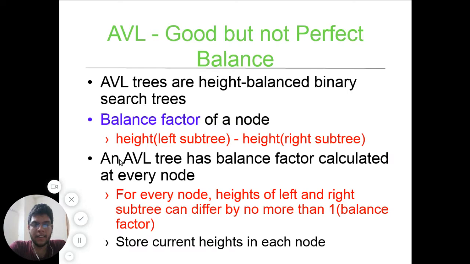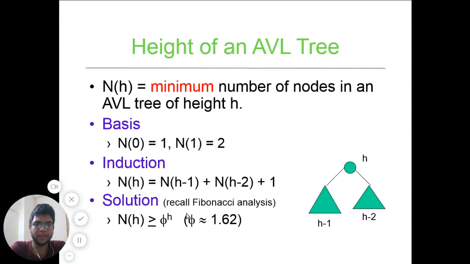That means if the height of its left subtree is x, then what are the possibilities for the height of its right subtree? It's x minus 1, x, and x plus 1. The absolute value of the difference is less than or equal to 1. We store current heights in each node.